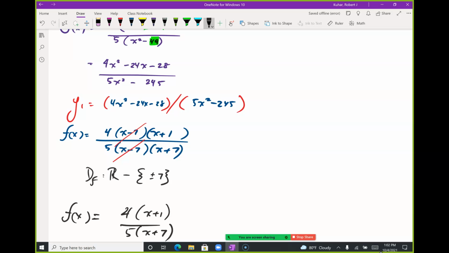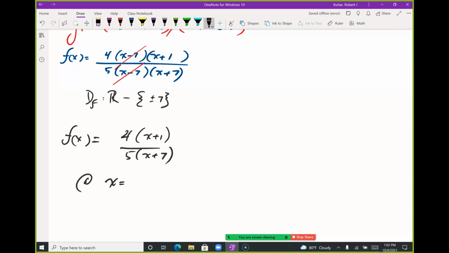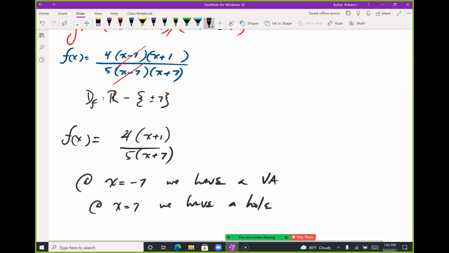So what happens is, at x equals -7, we have a vertical asymptote. At x equals 7, we have a hole, okay? And this is also called a removable discontinuity. I call it a manhole cover.